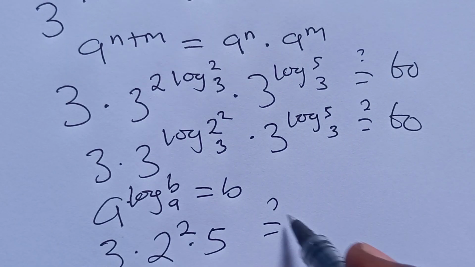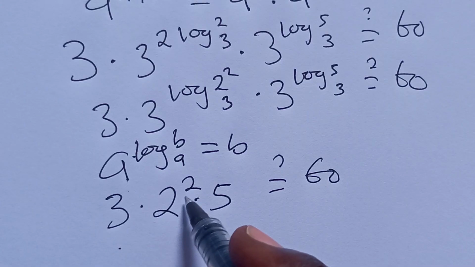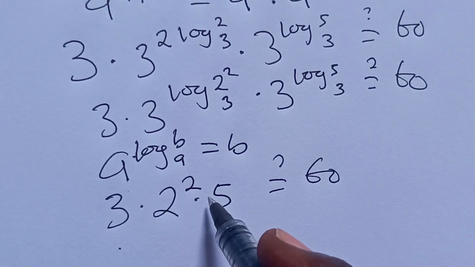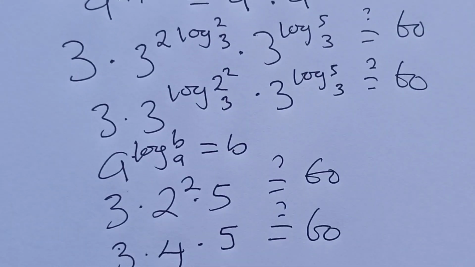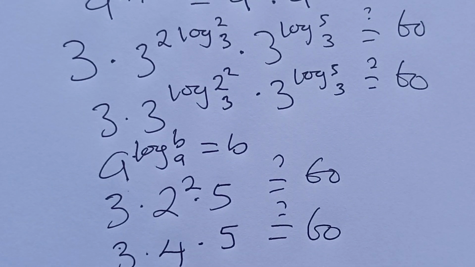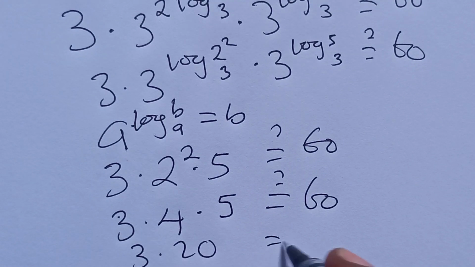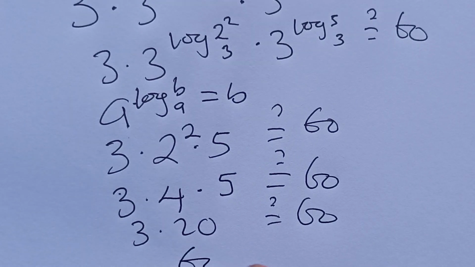Let's see if that will be equal to 60. 2 squared is 4, so 4 times 5 is 20, and 3 times 20 is 60.